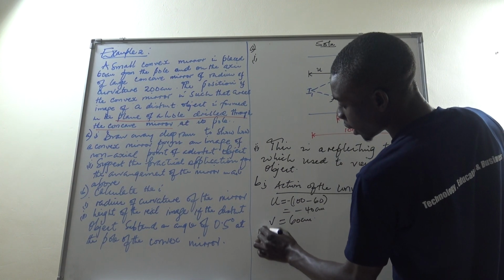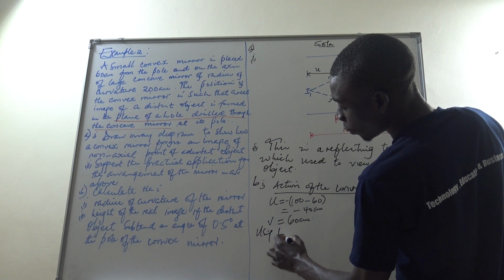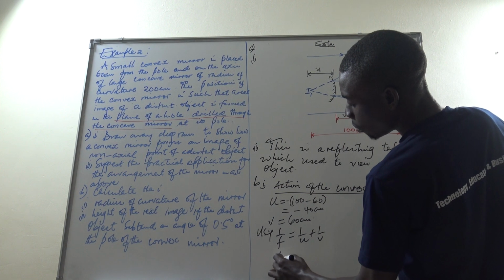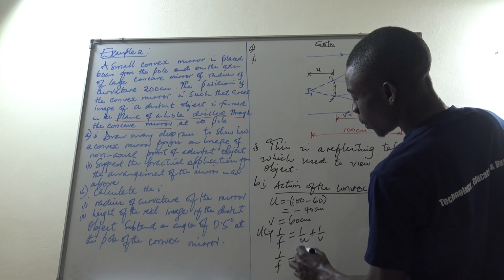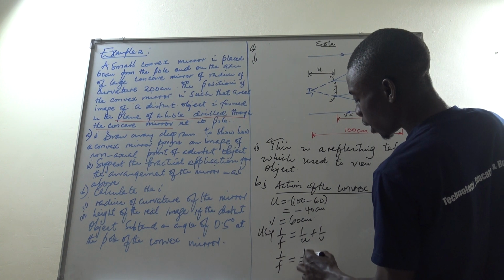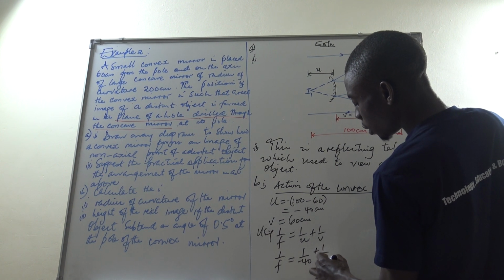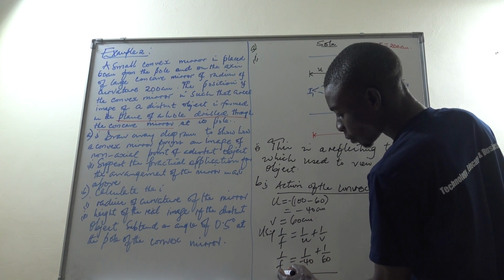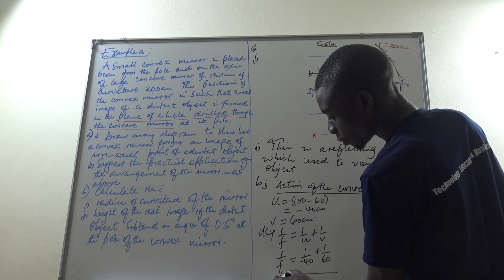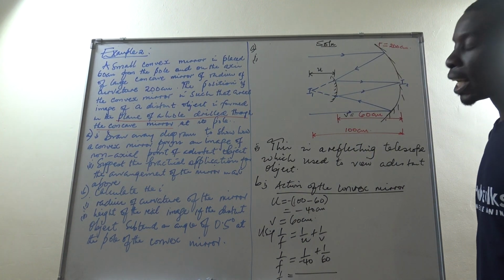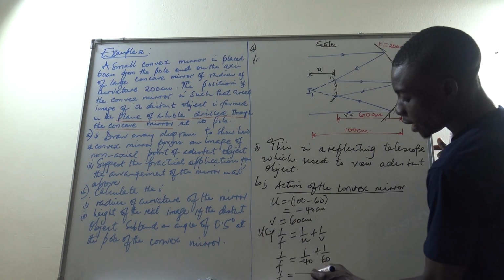And now we are saying using 1 out of F equaling to 1 out of U plus 1 out of V. My 1 out of F will be 1 out of U, U we are saying is negative 40, plus 1 out of 60. What is our LCM in that case? Our LCM here is equivalent to 120.